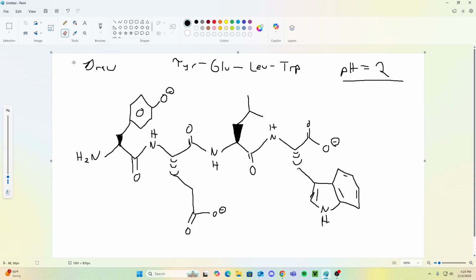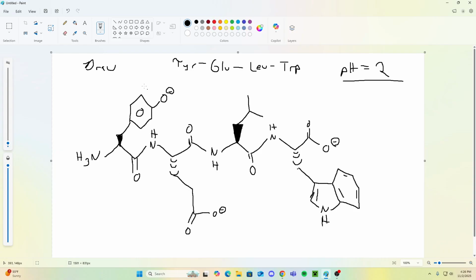Well, let's go from left to right. This amine group has a pKa of around 9 to 10. Now that we are below that value, things would tend to have more protons on them. So this NH2 would then turn into NH3.